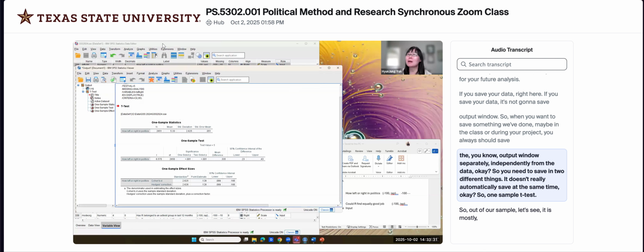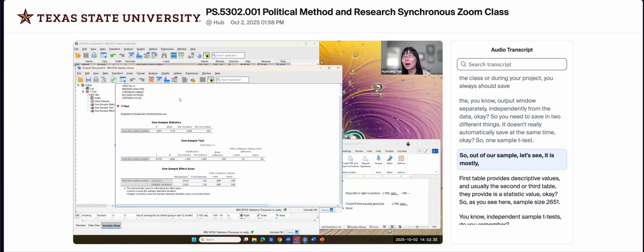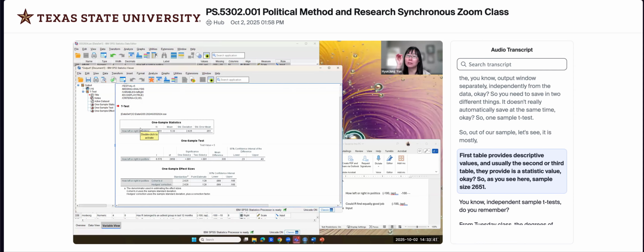Okay, so the one sample t-test. Out of our sample, the first table mostly provides the descriptive values, and usually the second or third table provides the statistic value.